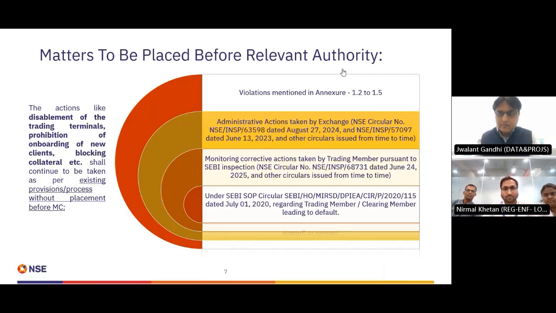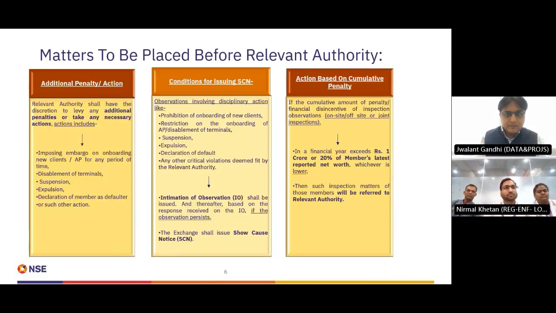Sure, Jwalan. Rupa here. Just wanted to make one clarification on the previous slide, regarding the action based on cumulative penalty. Here we are saying that in a financial year it exceeds rupees 1 crore or 20% of the member's latest reported net worth.